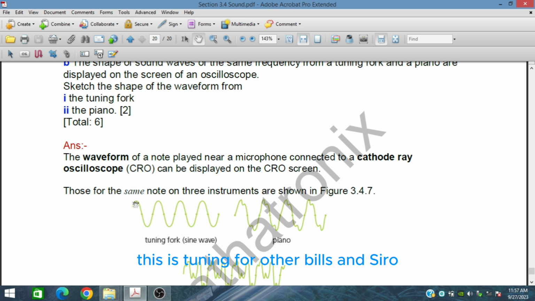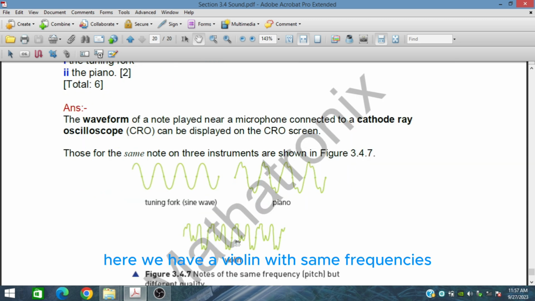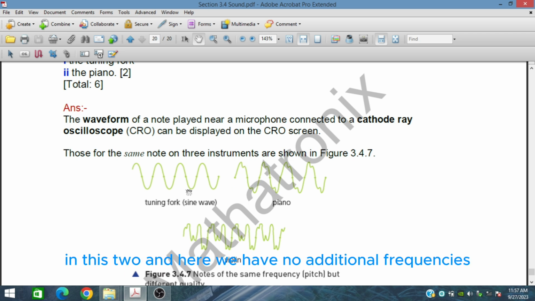This is the tuning fork, a pure sinusoidal wave, a piano with different additional frequencies. Here we have a violin. All three have the same fundamental frequency, but their additional frequencies are different in these two, and here we have no additional frequencies.